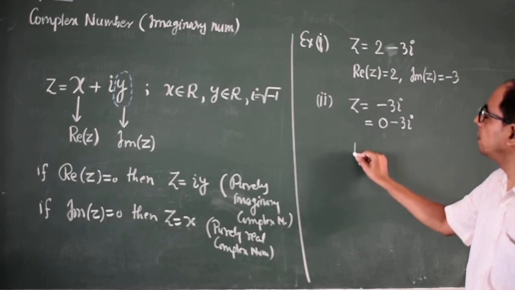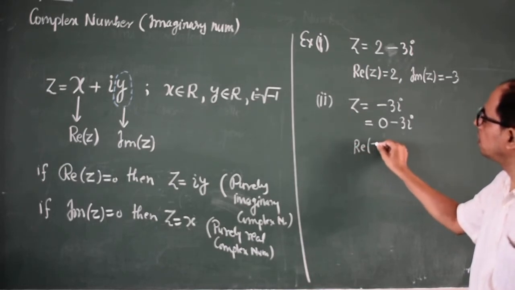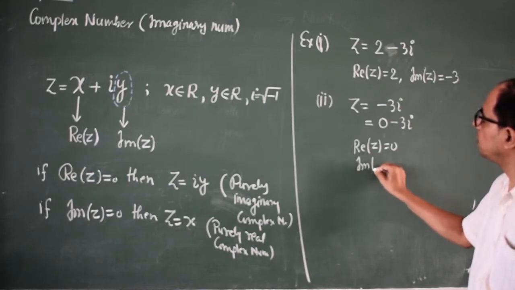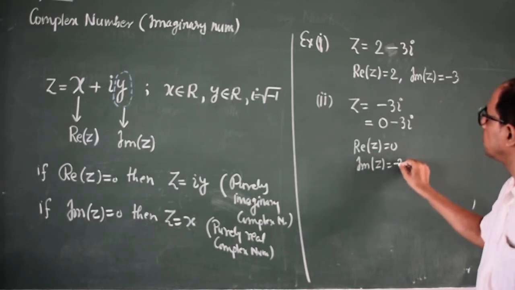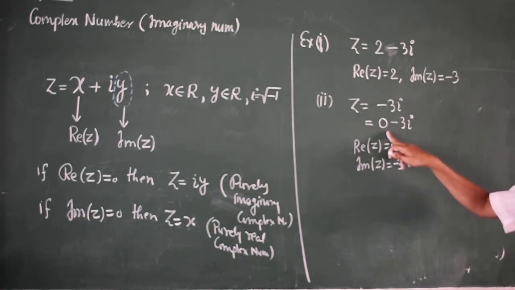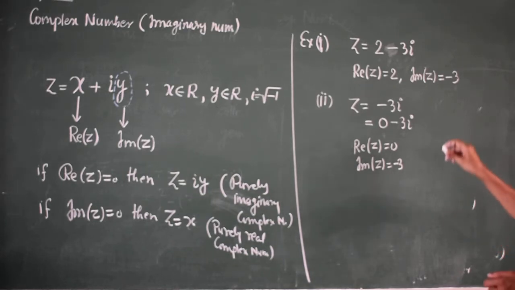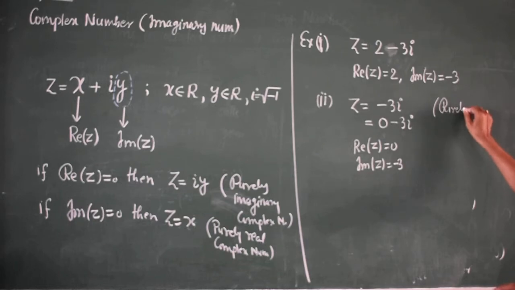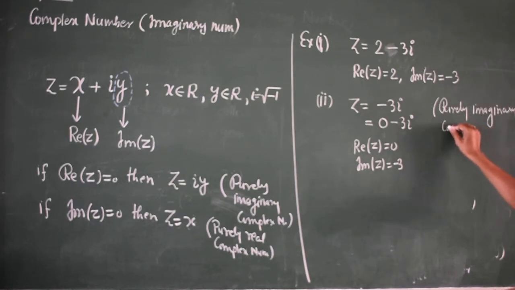Here the real part of z is 0 and the imaginary part of z is minus 3. Now this complex number has one part 0, the real part 0. So this complex number is given a special name and is called a purely imaginary complex number.